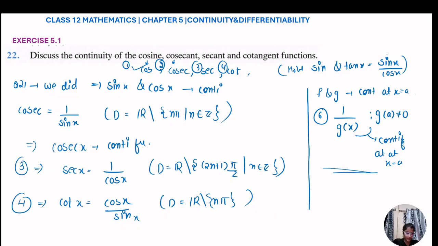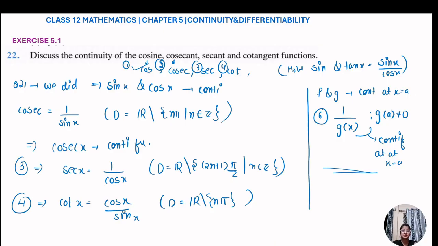Now, what I am trying to say will be very important for you. You should remember in which domain these trigonometric functions are continuous, because this will be very helpful for you in solving the higher questions, and these are the basic questions.